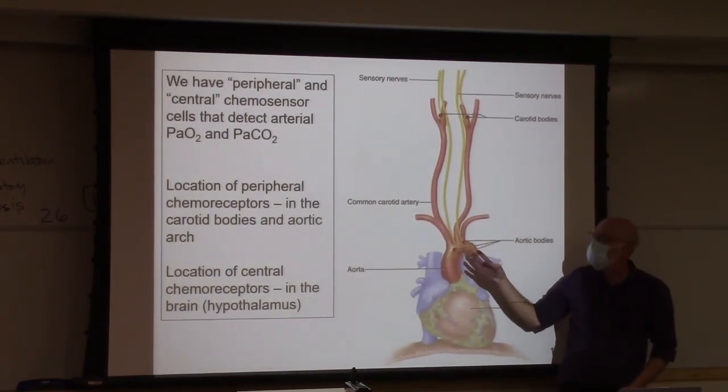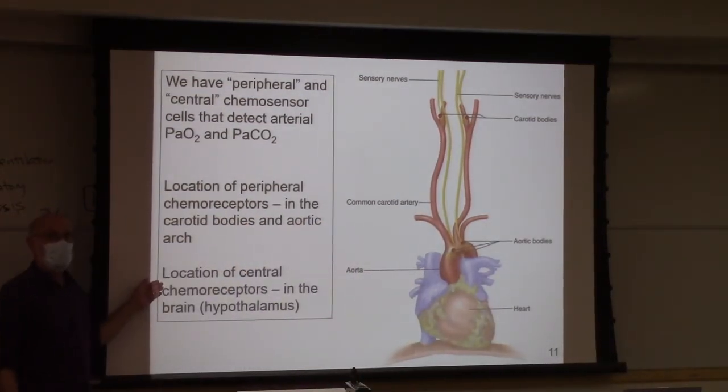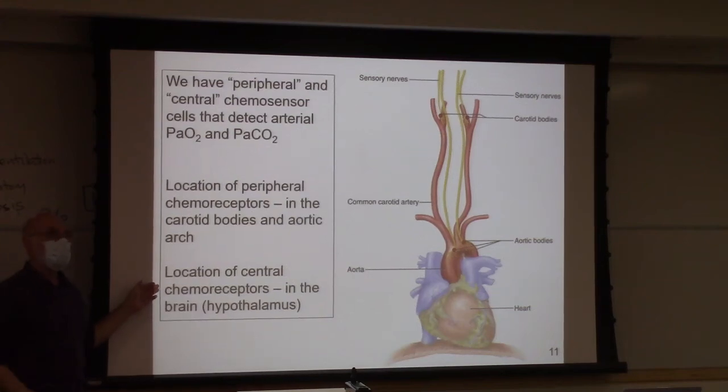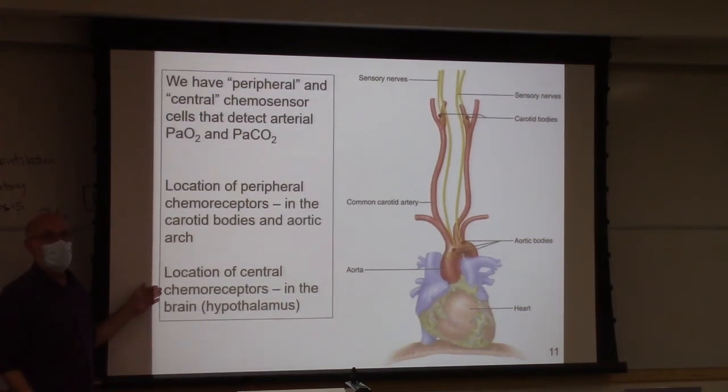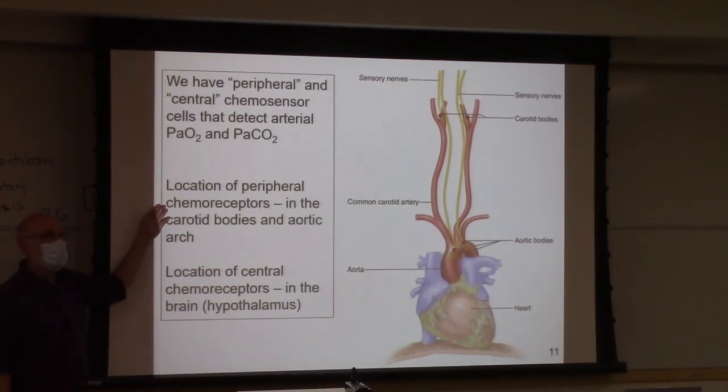We also have chemoreceptors that are called central because they're in your central nervous system. They're in your brain. So central chemoreceptors are in your brain, and peripheral chemoreceptors are in your vasculature.